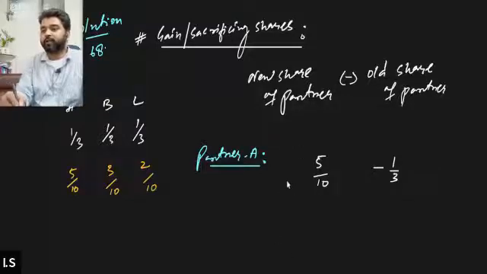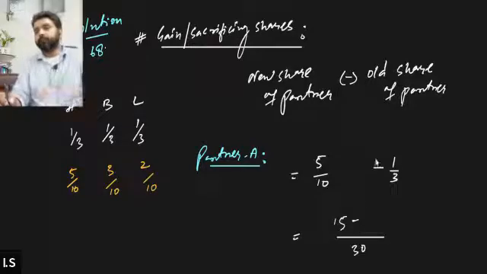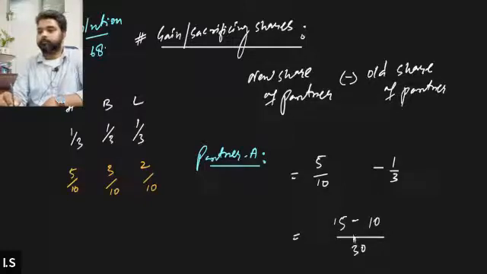In order to subtract this, we will have to take the LCM of the denominators. So the LCM of 10 and 3 will be 30, and then in the numerator it will be 15 minus, tell me, it will be 10, right?